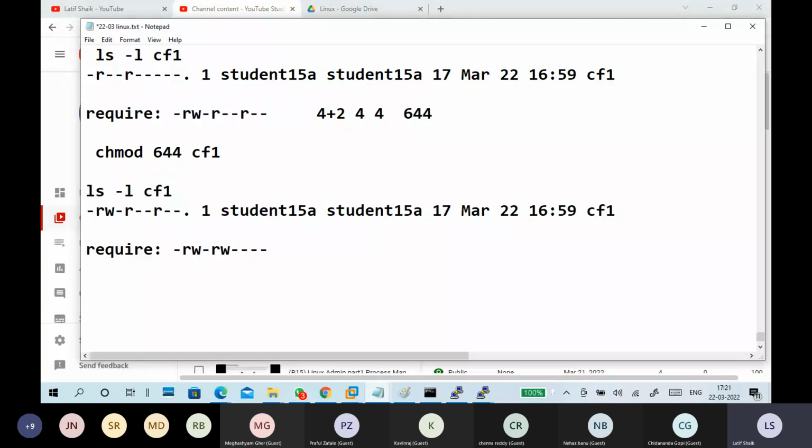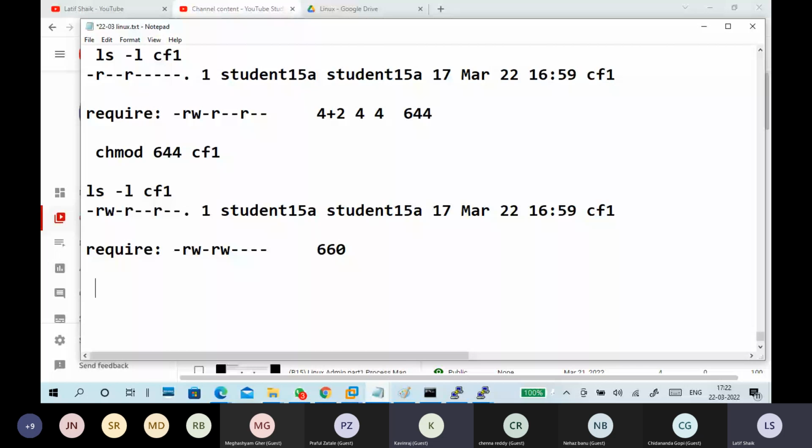Now calculate and tell me which number I have to give. RW, 4 plus 2, which is 6. For others, nothing is there, meaning 0. Okay.